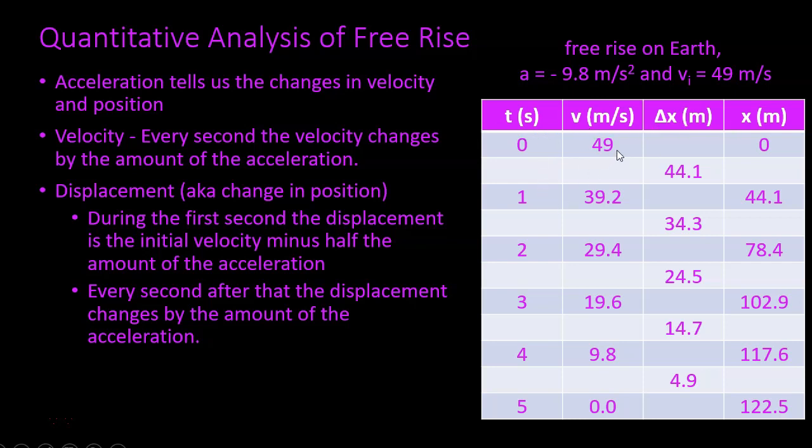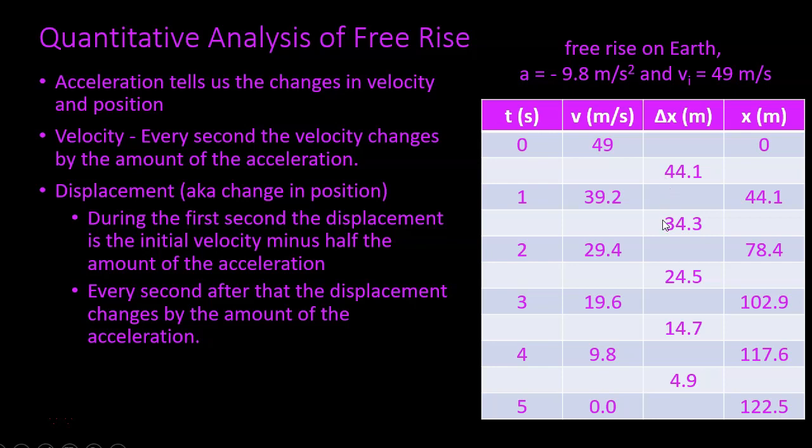As time goes on, you can see every second the velocity is changing. In this case, it's decreasing by 9.8 meters per second. And then if we look at the displacement, the initial displacement is 49 minus half of the acceleration, which is 4.9, and that gives us a displacement of 44.1 meters.